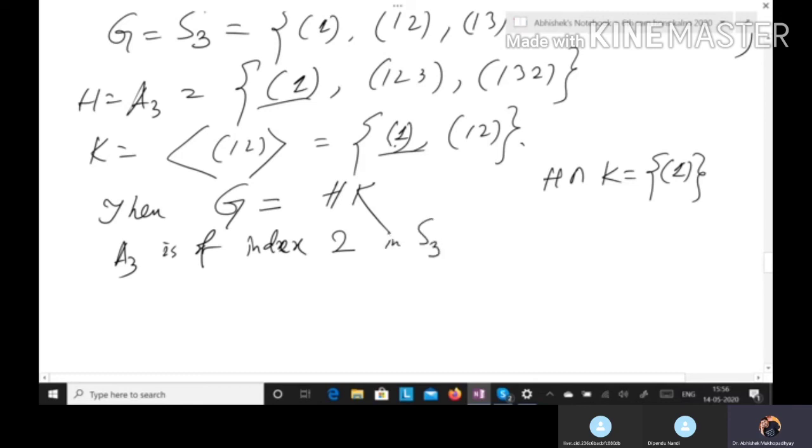That is, S3 can be written as A3 union a coset determined by an element of S3 which is not in A3. So you may consider this 1-2 cycle. That is, the coset will be (1 2)A3.